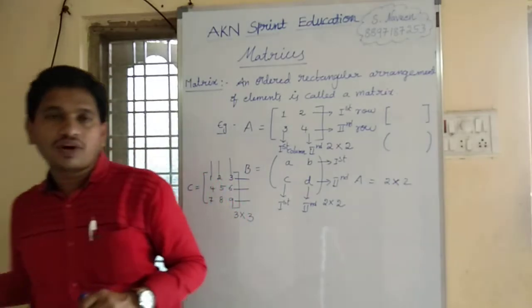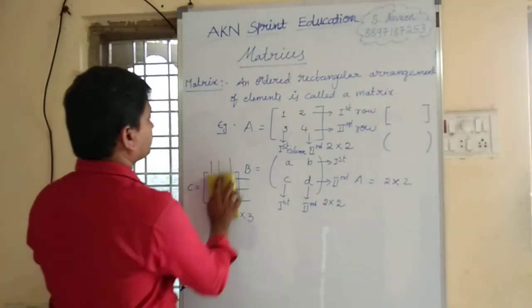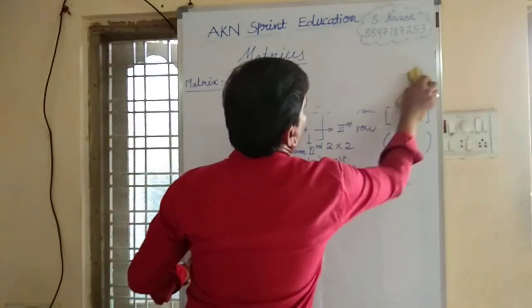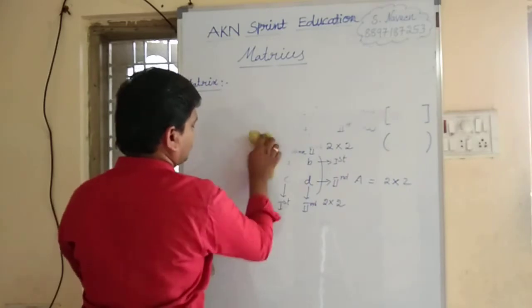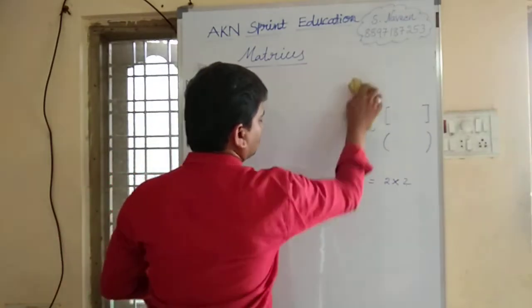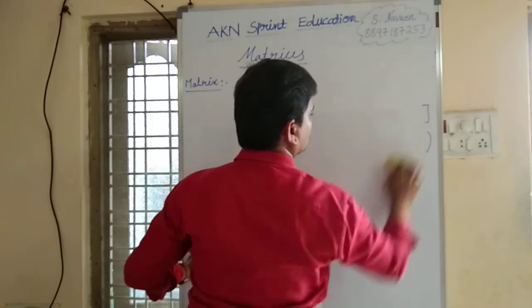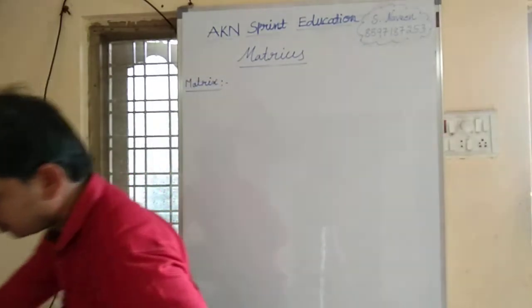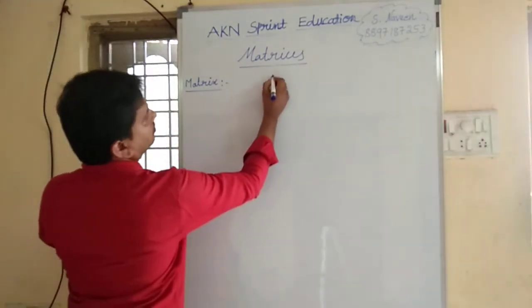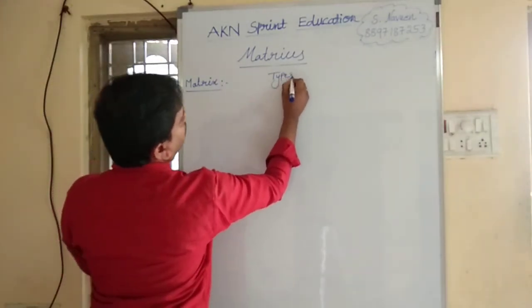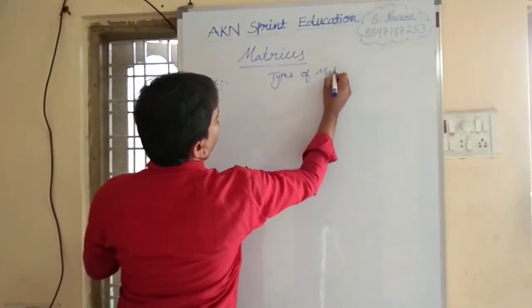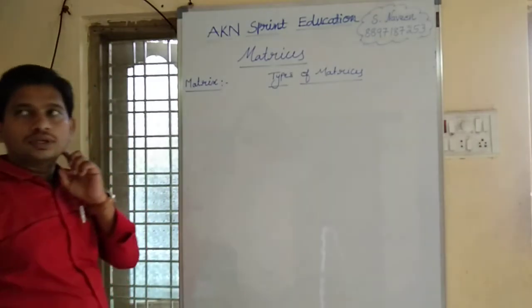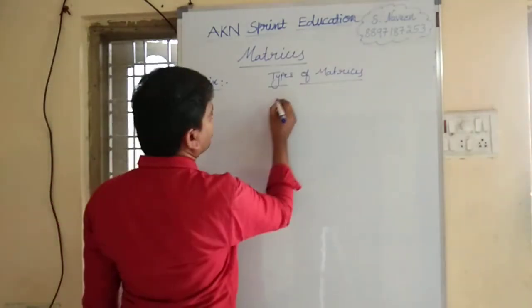Now let us see what are the types of matrices. The first one is square matrix.